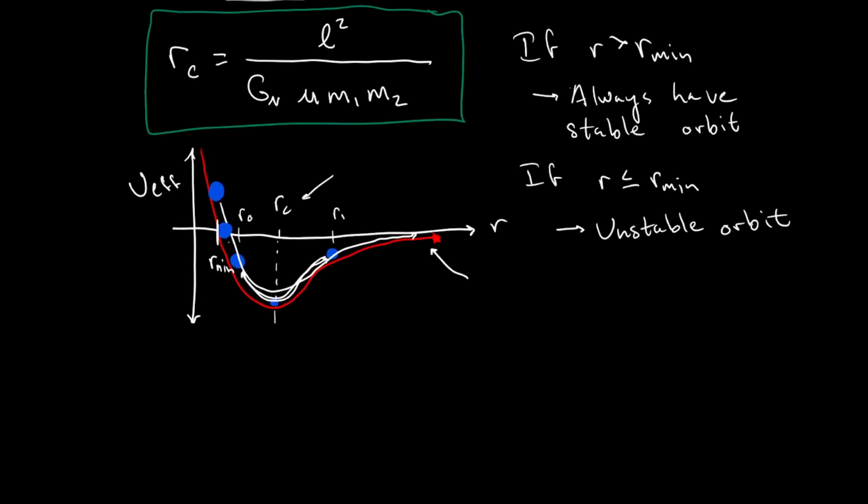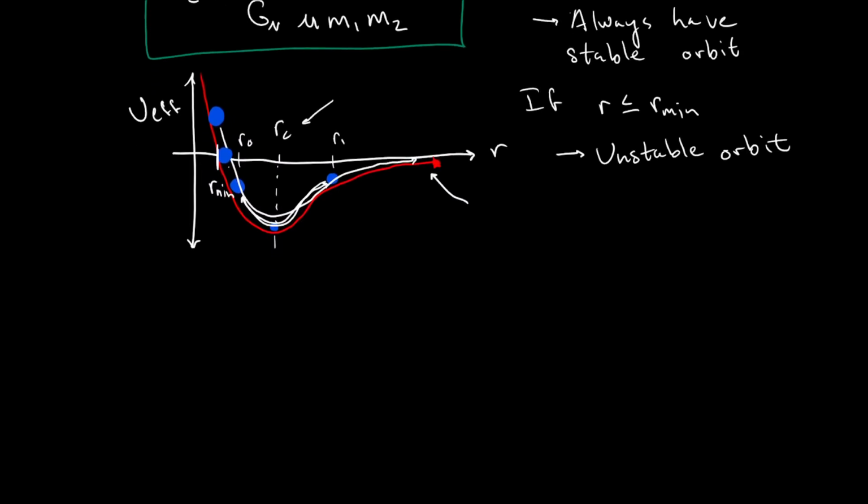So let's solve for what this R min is. It's easy enough to do. It's just the requirement that U effective at R min is equal to 0 for the case where R min is not infinity. And that just gives us an equation to solve.